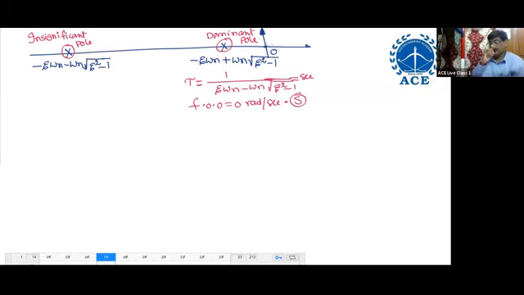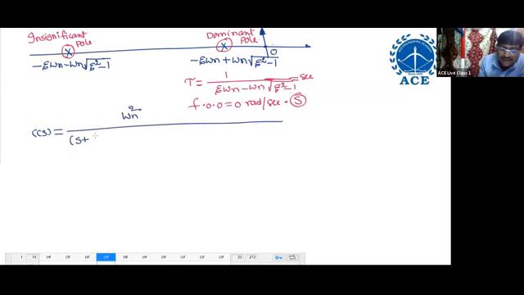Find C of t. What can C of s be written as? C of s can be written as omega n square by (s plus zeta omega n minus omega n root of zeta square minus 1) times (s plus zeta omega n plus omega n root of zeta square minus 1).